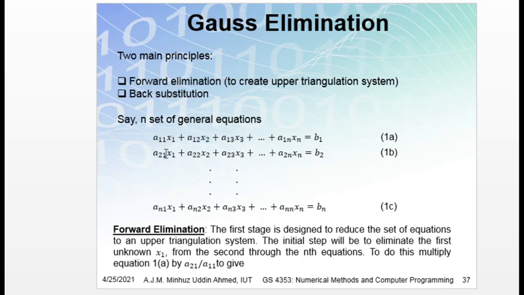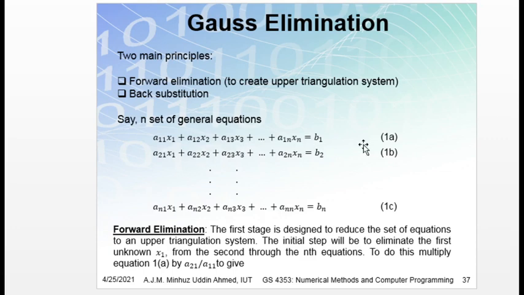So a21 will be eliminated, a31 will be eliminated, a41 will be eliminated, and accordingly an1 will be eliminated. That is the main concern. So how to do that? To make a21 zero, we multiply the first equation by a21 divided by a11, which will give you a21, and all the other terms will change similarly.